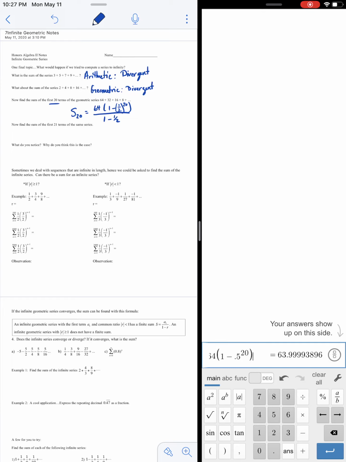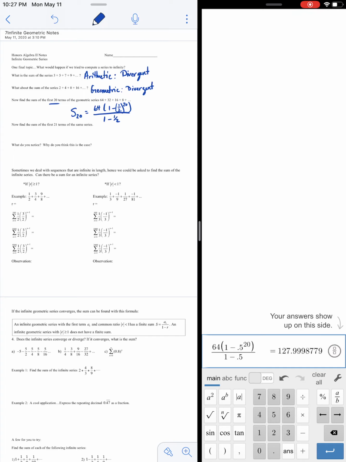Close that parenthesis. And then we're going to divide all that by 1 minus 0.5. And so I get about 127.9999. So if I add this up for 20 terms, I get 127.999.